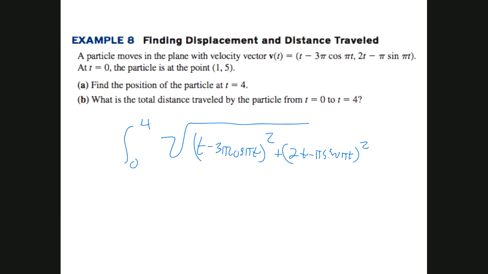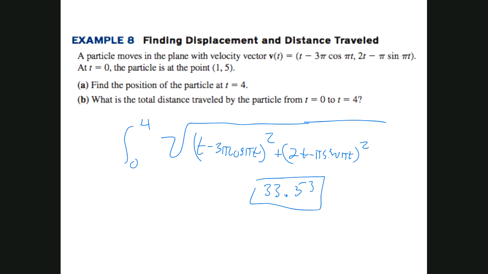And you should end up with, if you do it correctly, 33.53 for an answer. But you've got to make sure you plug this into your calculator correctly, because if you don't, you're going to get a way off answer there.